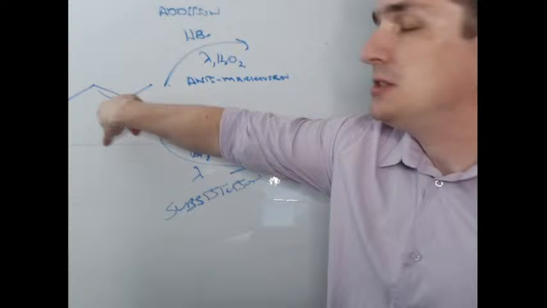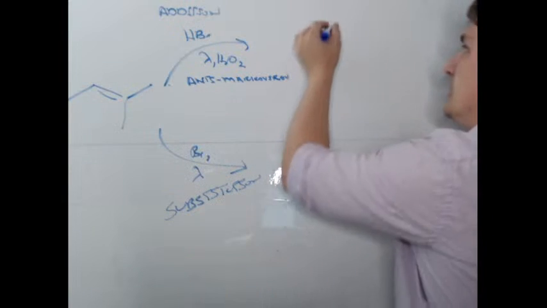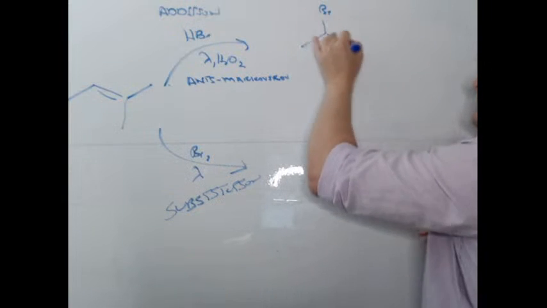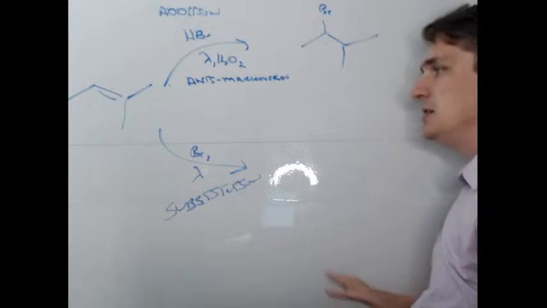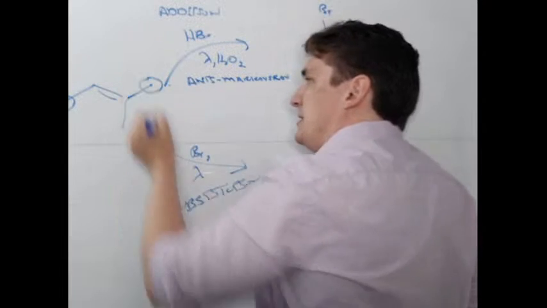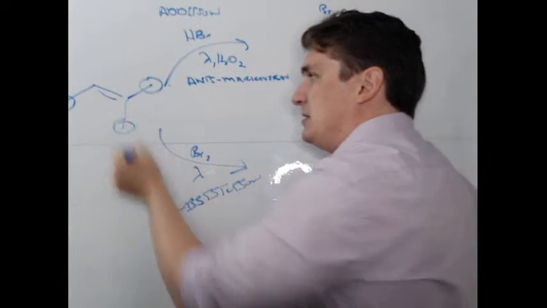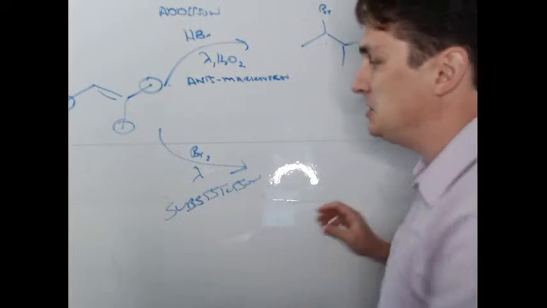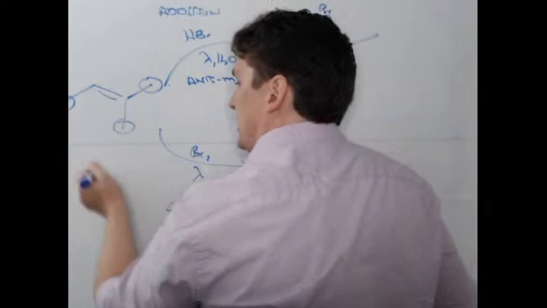So the addition here is going to be across the double bond, and we're going to end up producing this compound here. For substitution, the substitutions are actually going to take place on the allylic carbons, because we are going to initially generate a free radical that's going to extract the hydrogen.